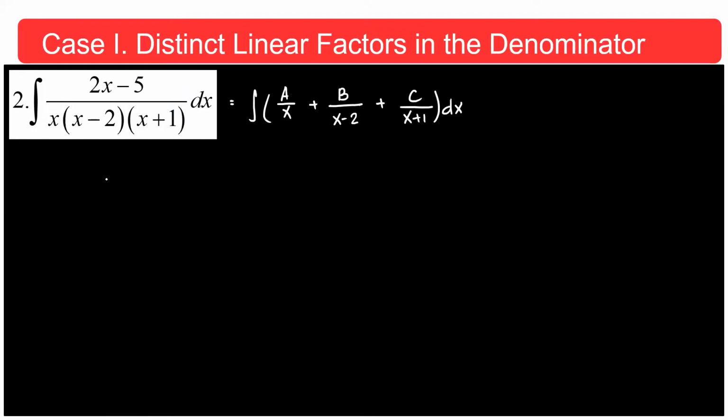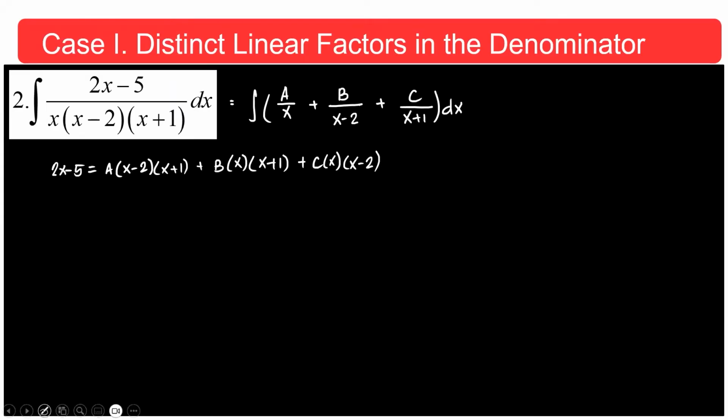So let's solve. Multiplying by the LCD, you'll have 2x minus 5 is A, x minus 2 and x plus 1, b, x times x plus 1, c, x times x minus 2.